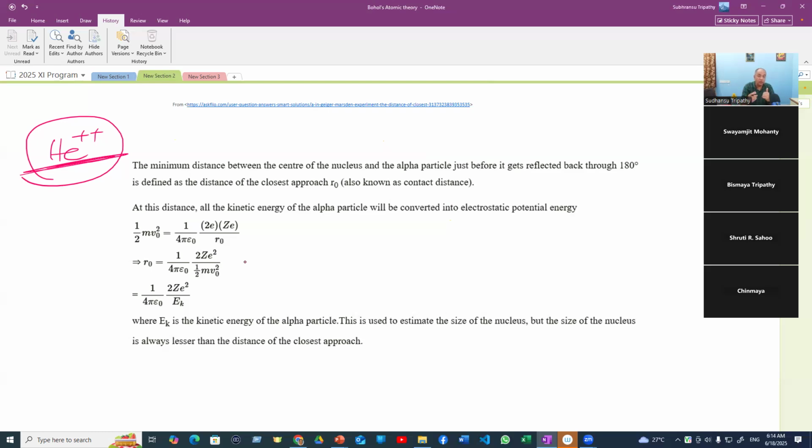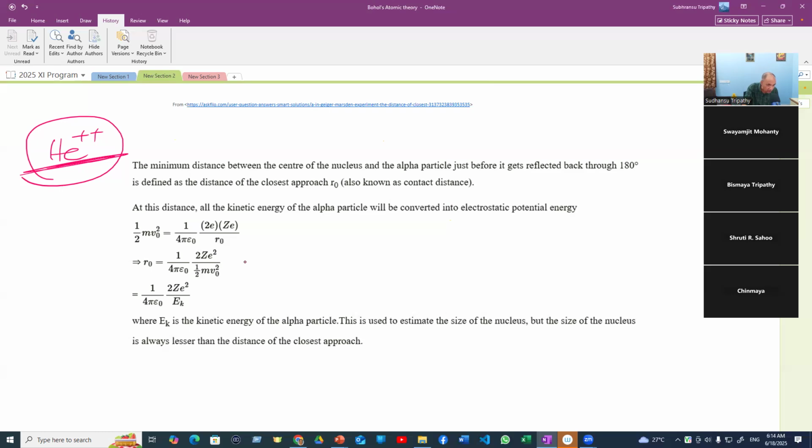Because the repulsion is there, they gain potential energy. If it were attraction, positive and negative, the potential energy would be negative, like the hydrogen electron. Here there is positive charge, so the potential energy becomes positive, so that it is a gain of potential energy, not loss, and that is Ze by R because we have integrated, so this is R naught.